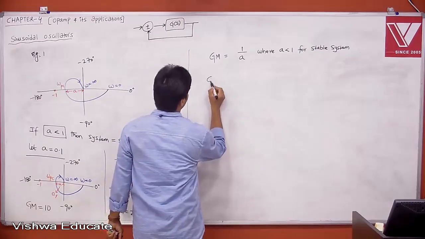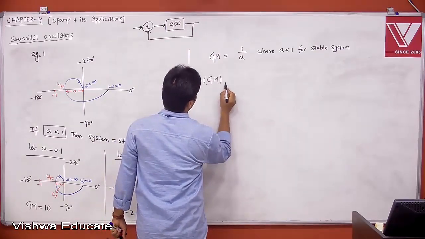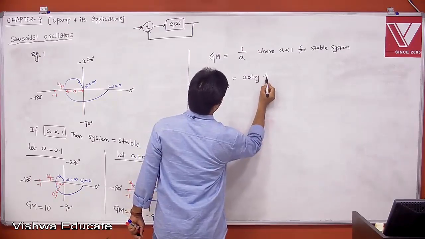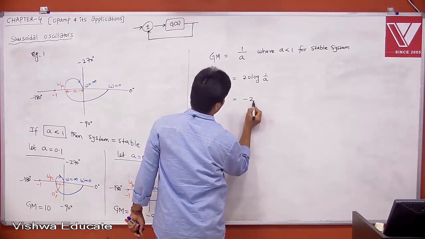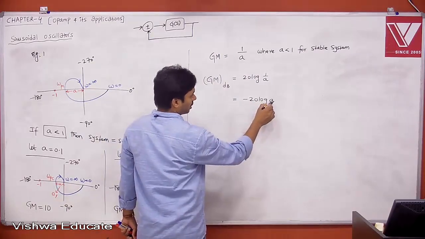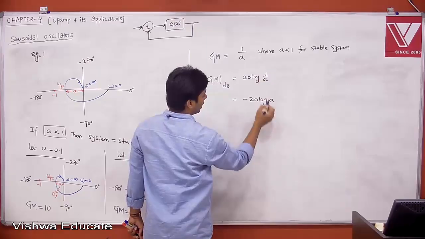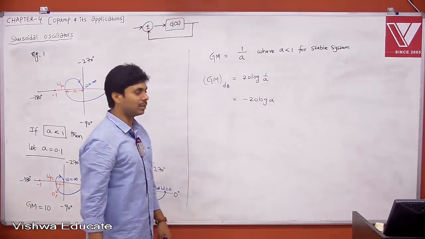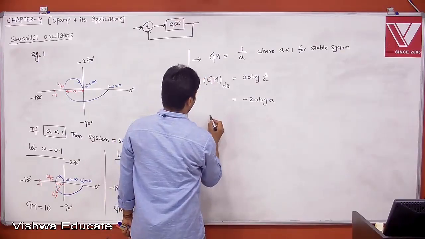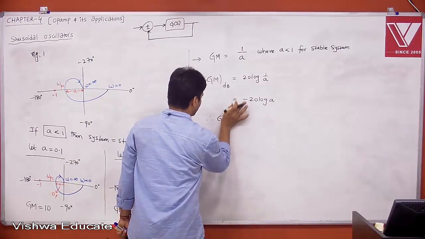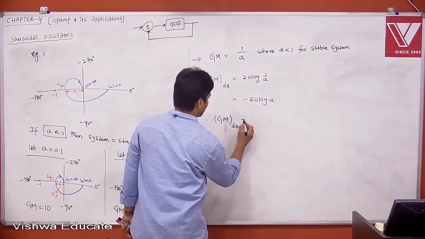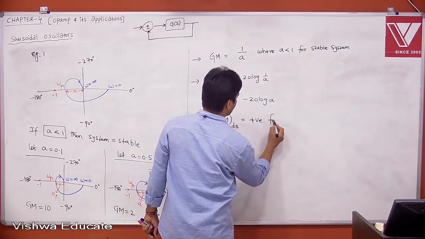Then if I convert into dB, gain margin in dB is nothing but 20 log 1 by A, which is nothing but minus 20 log A. It looks like this is negative, but remember A is less than 1, so log A is negative, negative into negative, positive. Therefore, gain margin in dB is positive for stable systems.